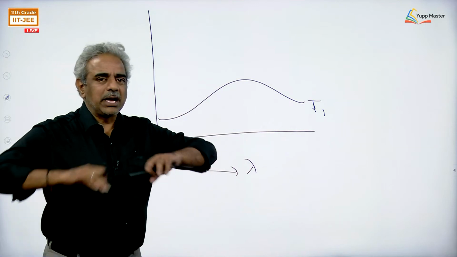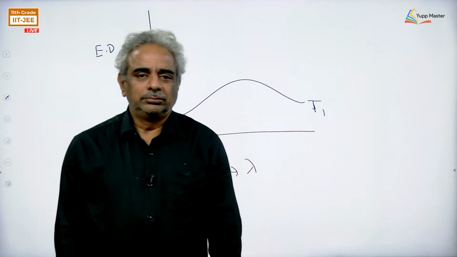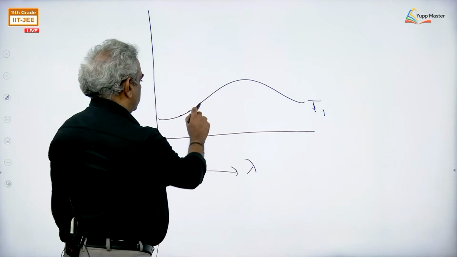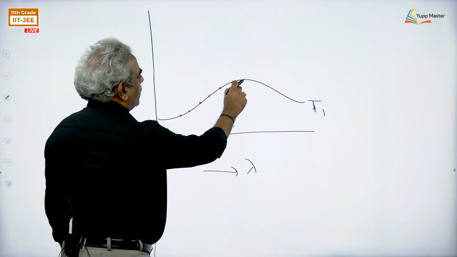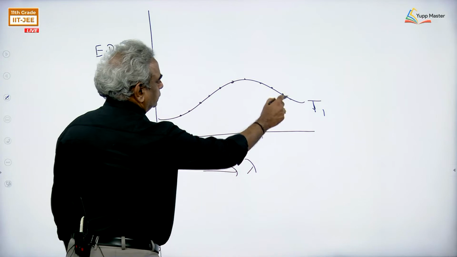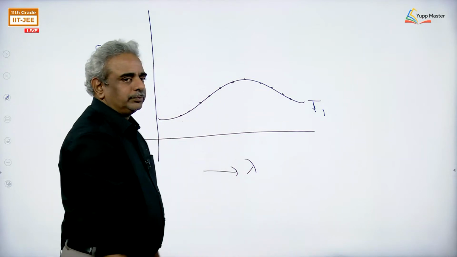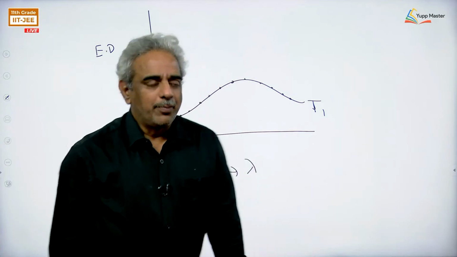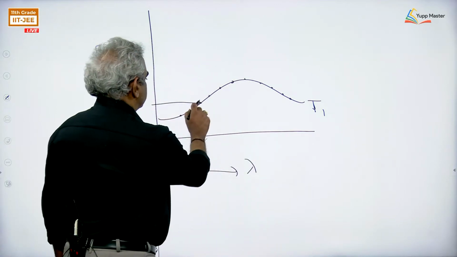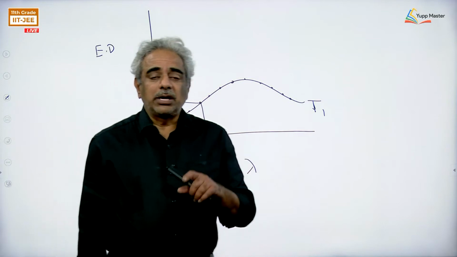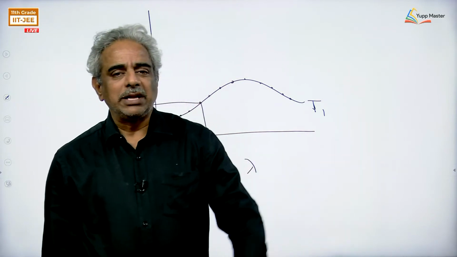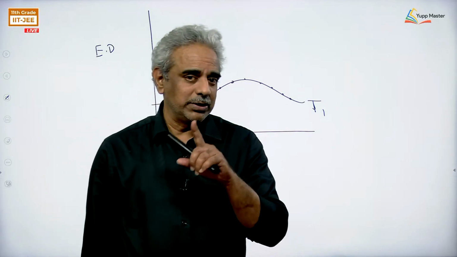This represents the entire radiation emitted by a black body. Every point corresponds to some wavelength, every point corresponds to some intensity, every point corresponds to a radiation, and continuous wavelengths are there. So, the spectrum is continuous.